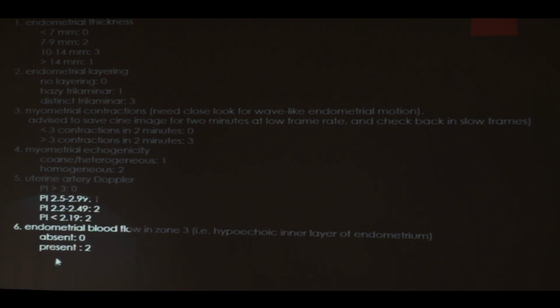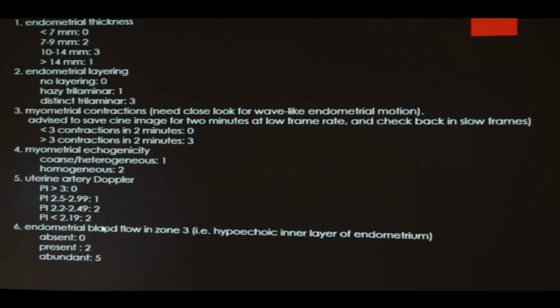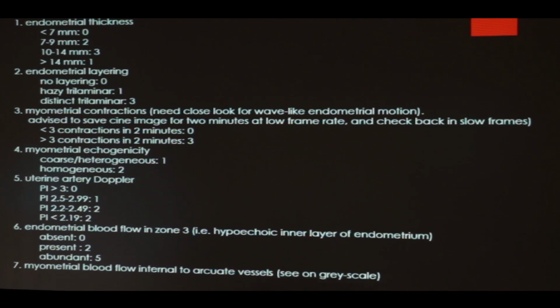And if it is present over there, then it is 2. And if abundant over there, then 5. So this is a very important point, this endometrial blood flow, and myometrial blood flow in turn to arcuate vessels, if absent 0, if present 2.